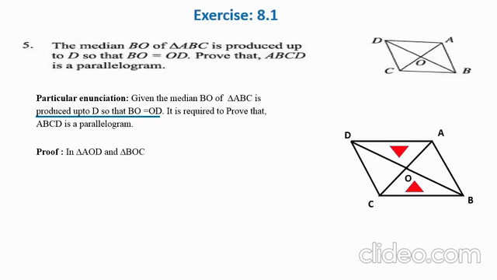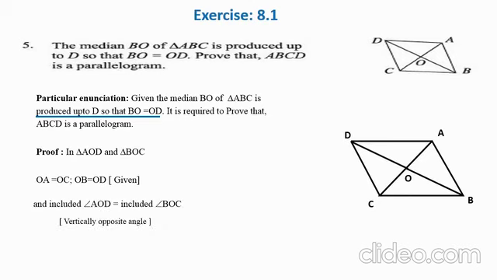Now in triangle AOD and triangle BOC, OA equals OC as O is the midpoint of AC, OB equals OD by construction, and included angle AOD equals included angle BOC as they are vertically opposite angles.